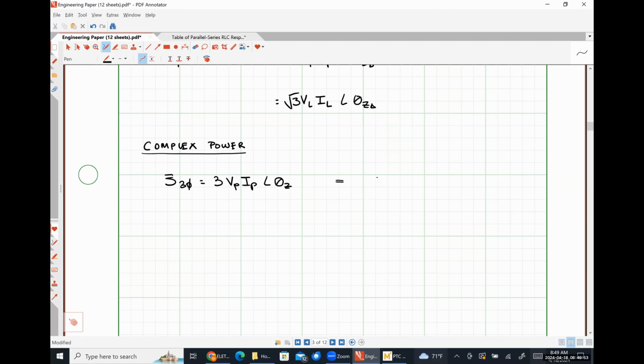And over here on the right-hand side, I'm going to put things in terms of line quantities. So this will be √3 VL IL angle theta Z. This is what we just arrived at. This is where, if you want to start boxing equations, you should start.